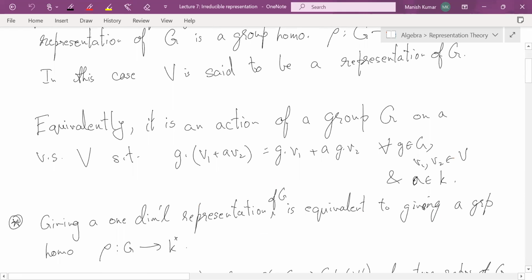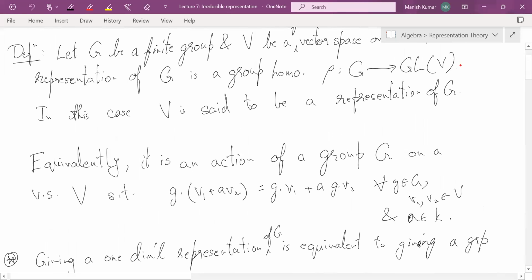Then we saw some examples of representations. One example: if you want to give a one-dimensional representation of a group, that's the same as giving a map rho from G to GL of a one-dimensional vector space, which is just K cross, where K is a field.